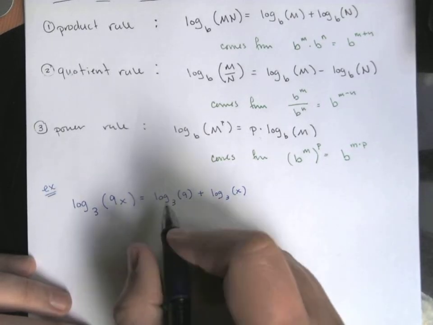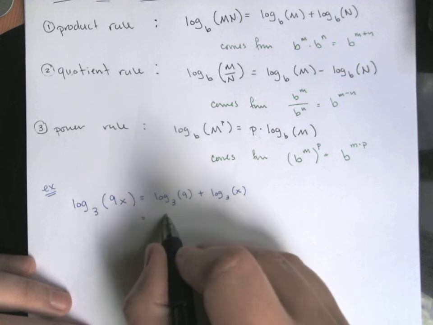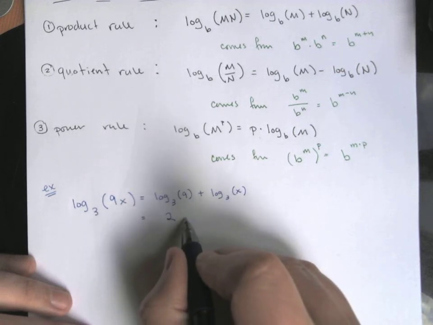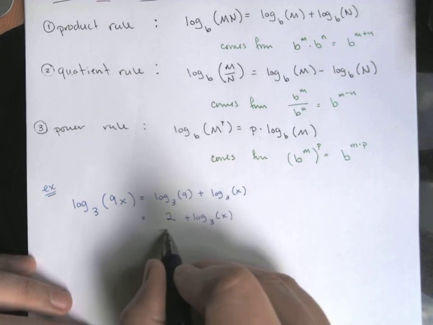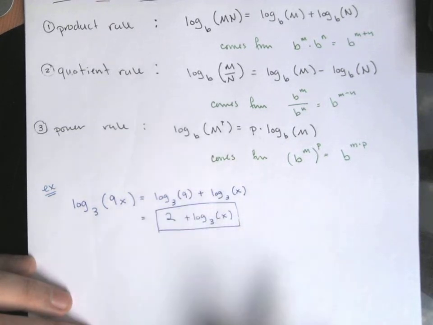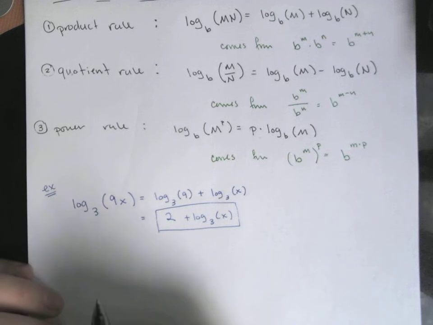Because log base 3 of 9 is actually just going to be a number. 3 to the question mark is 9, so that would be 3 squared. So that whole log just becomes a 2. And so when we break these up and rewrite them, if we've got something with numbers and variables, our number terms could actually simplify down in some instances. That's not always going to happen, right?